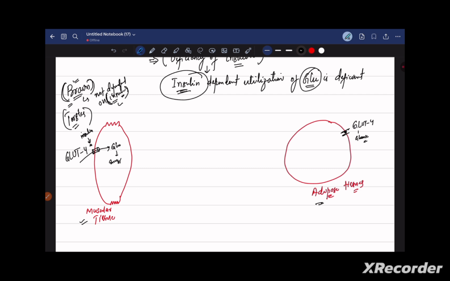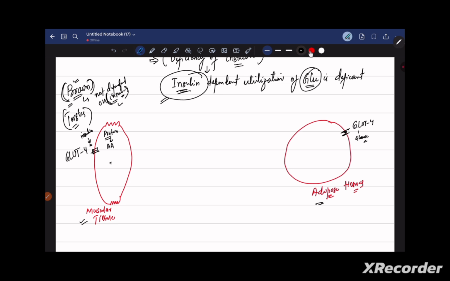That was the normal. In the deficiency of insulin, in the muscular tissue there will be proteolysis, meaning breakdown of proteins into amino acids.